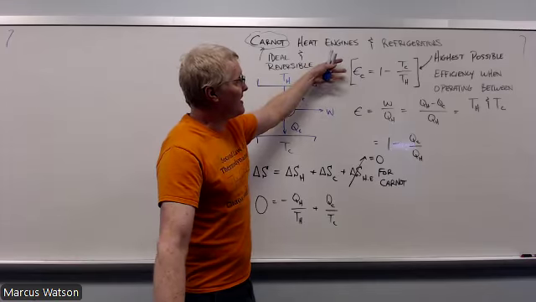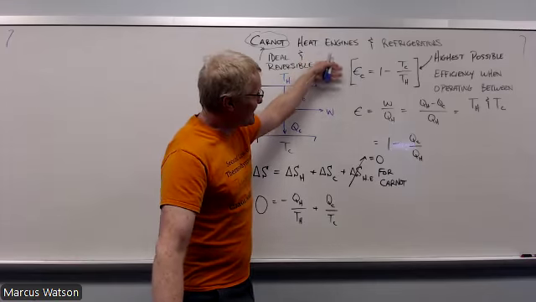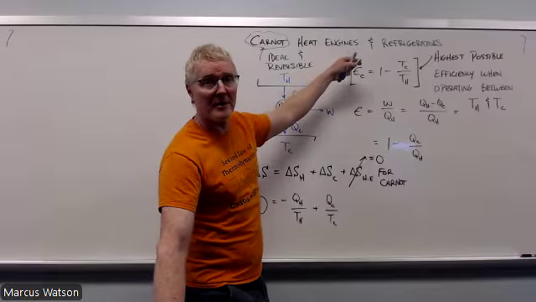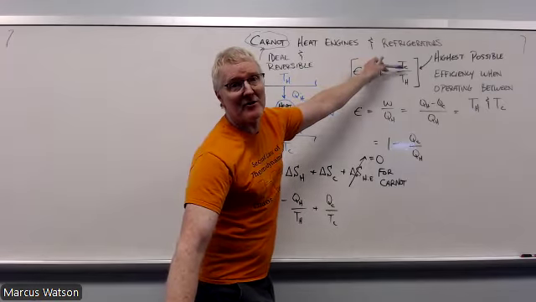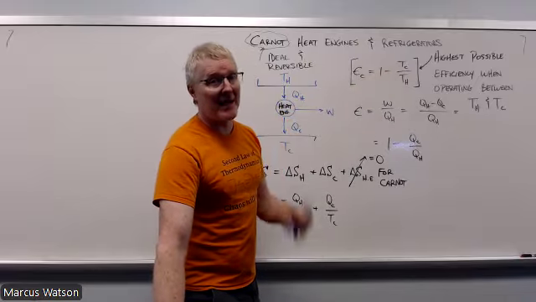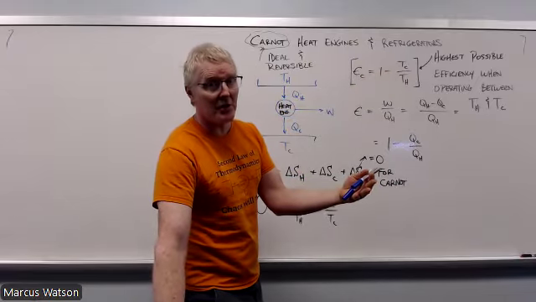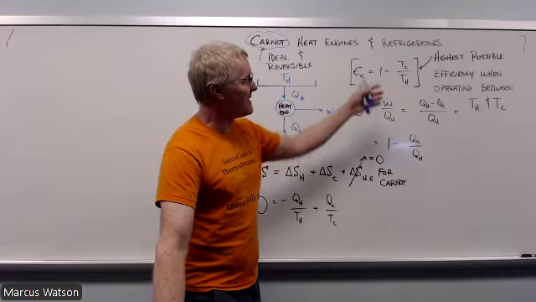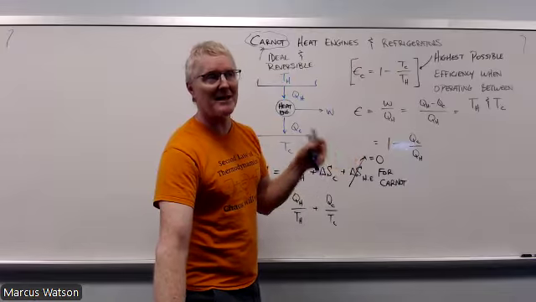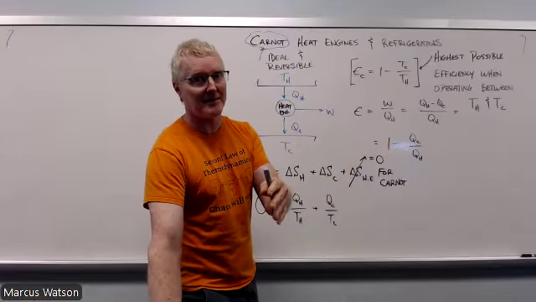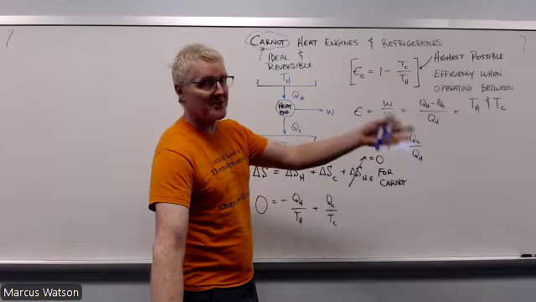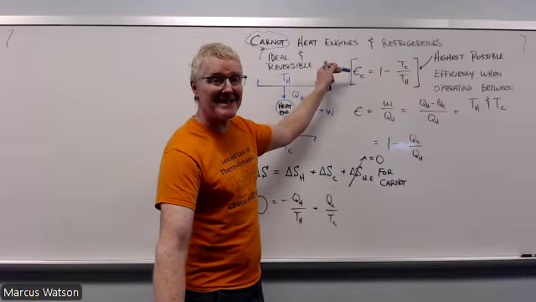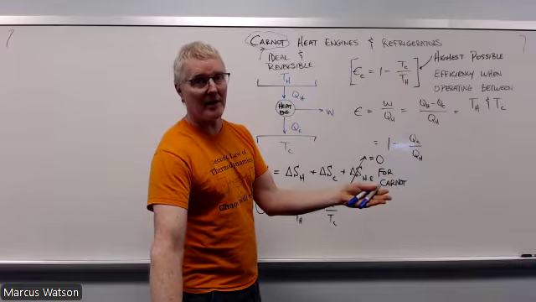You can see, since this is the best possible situation, and from the third law of thermodynamics, TC can never be 0. We can approach 0 Kelvin, but we cannot attain 0 Kelvin. There's always going to be some dump of heat into a non-zero temperature reservoir. Therefore, this efficiency is always necessarily between 0 and 1.